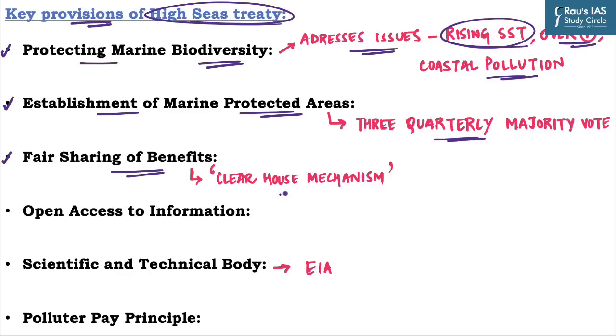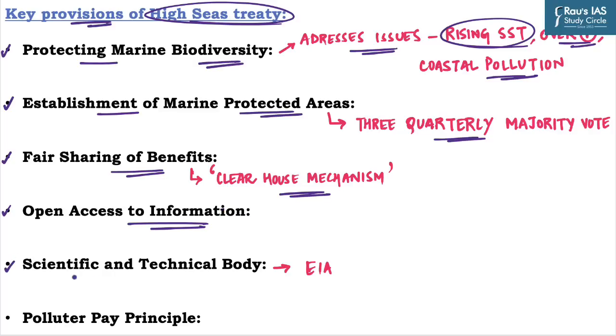It includes a clearinghouse mechanism to facilitate the sharing of scientific information and monetary benefits among all parties. The fourth one is open access to information. Parties to the treaty are required to share and exchange information on marine protected areas, scientific and technical tools, and area-based management tools. This promotes open access to knowledge and collaboration.